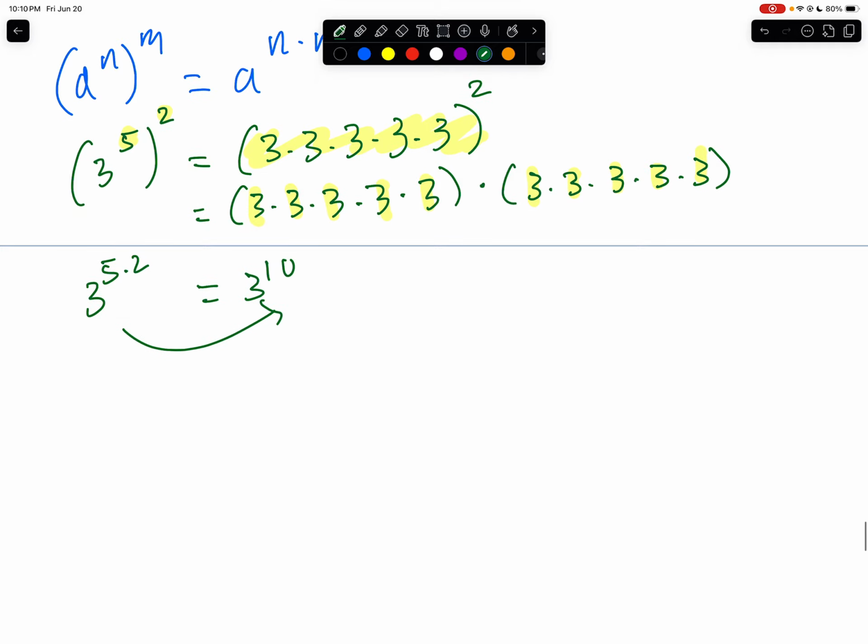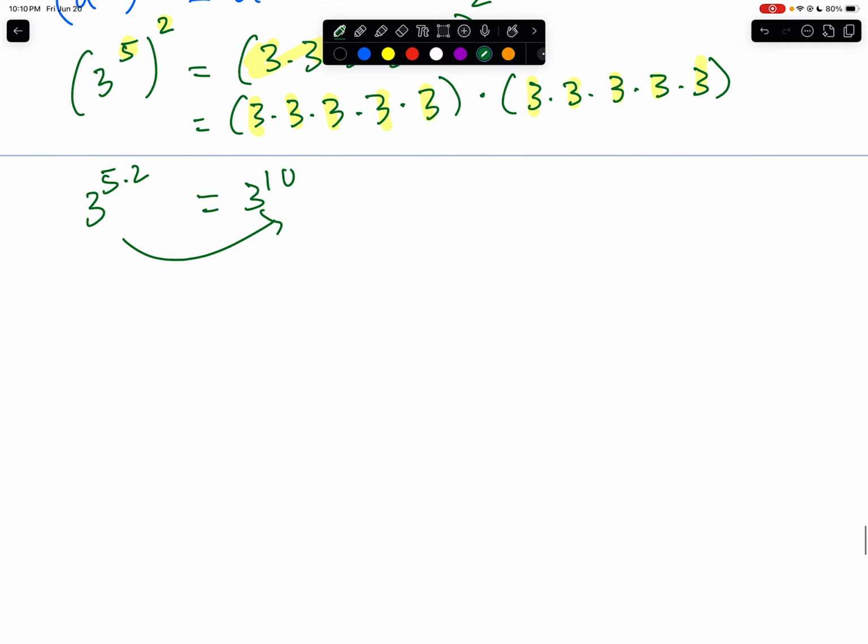Okay, now this one. By the way, it's not really explicit here. If we have a and b, let's have b now, a b to the n is the same as a to the n times b to the n.